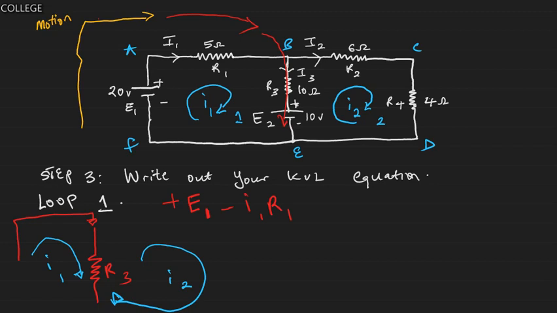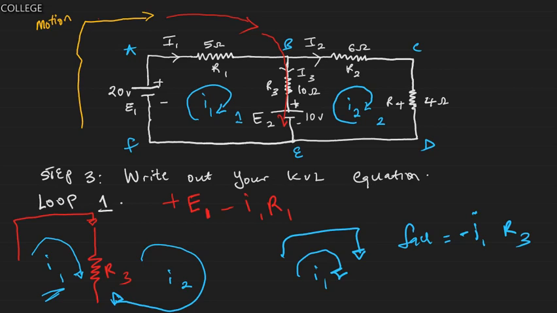From loop 1 perspective, where we have mesh current I1, the direction of motion and the direction of current are the same. So we have a fall in potential, which is minus I1 R3.